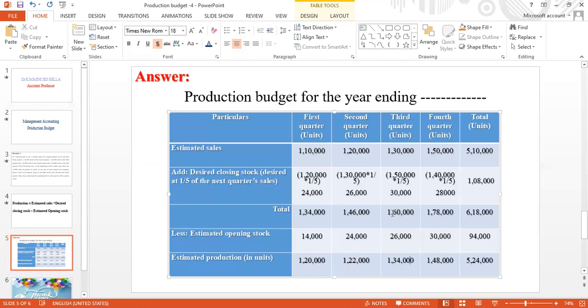For the third quarter, total value 1,60,000 minus 26,000 opening stock. So the production is 1,34,000 for the third quarter. Then come to the fourth quarter, 1,78,000 minus 30,000. That is the 1,48,000 production, right?